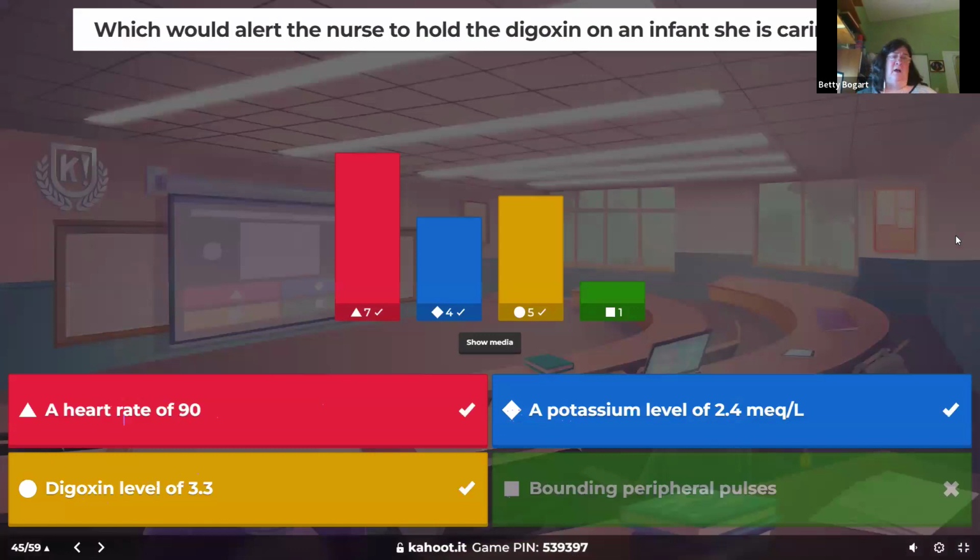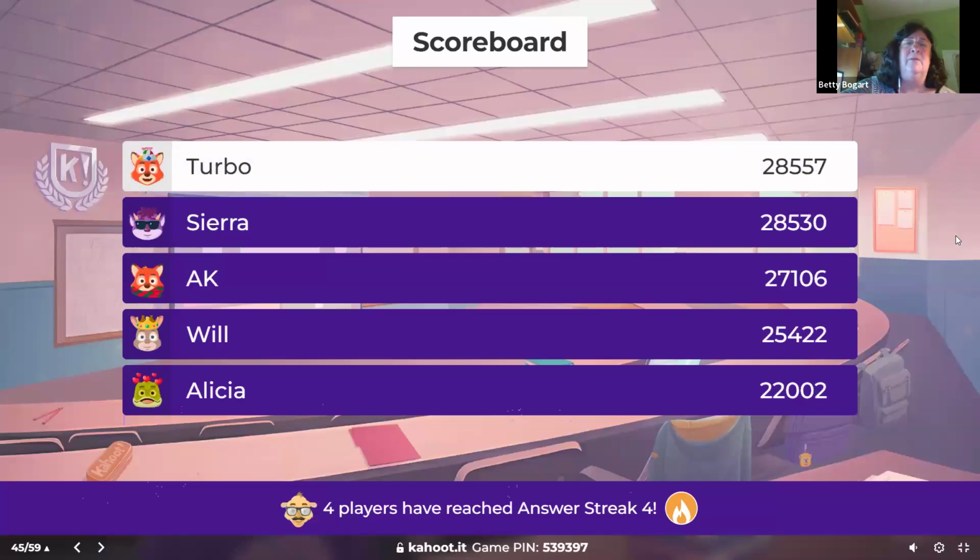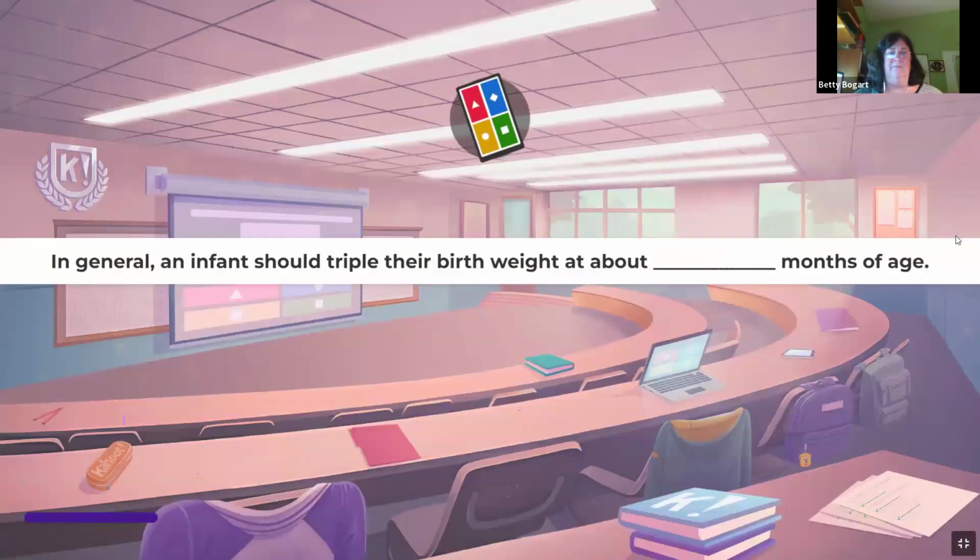When would you hold it on an adult? Well, the heart rate's too low. That's number one. But on an adult, the dig level's too high or the potassium level's low, you're not going to give it. And it has nothing to do with pulses. So those are some questions you might see related to vital signs.